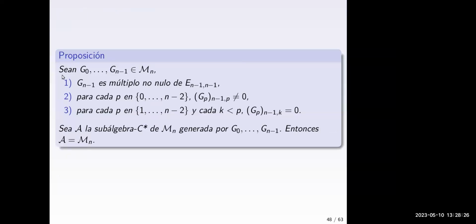But in general, we want to know that the C-star algebra A generated by G0, ..., G_{n-1} is all the algebra Mn.